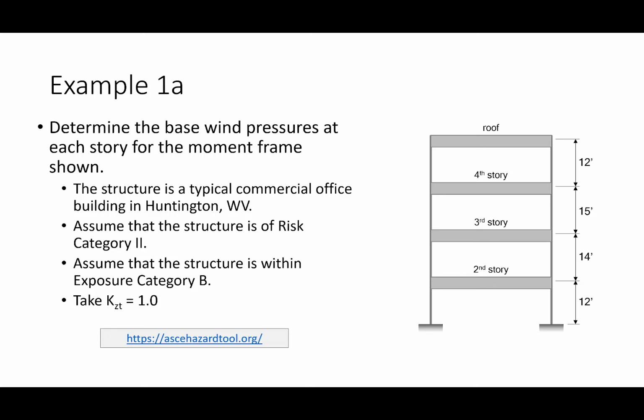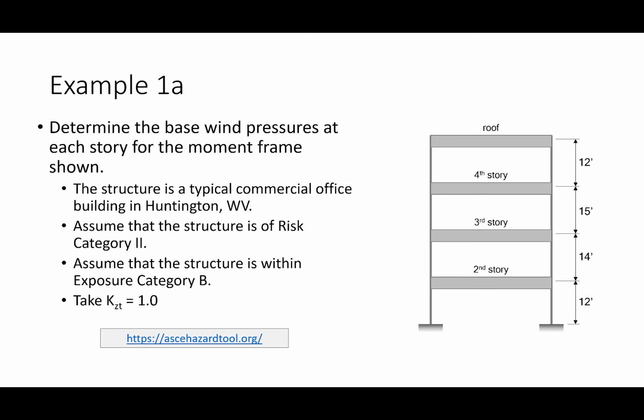If I'm being honest, that might be a little unrealistic. Not to say it wouldn't happen, but most buildings have pretty even story progressions until you get maybe to the roof or down here. Maybe the first story is a little taller than everything else, or the story from the last story to the roof is a little taller.